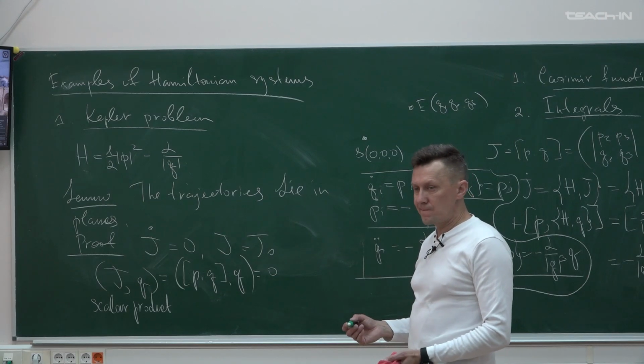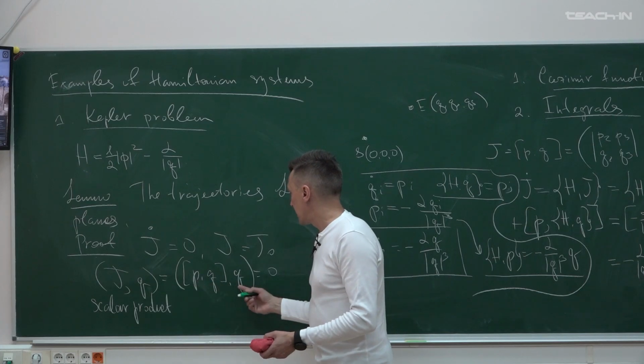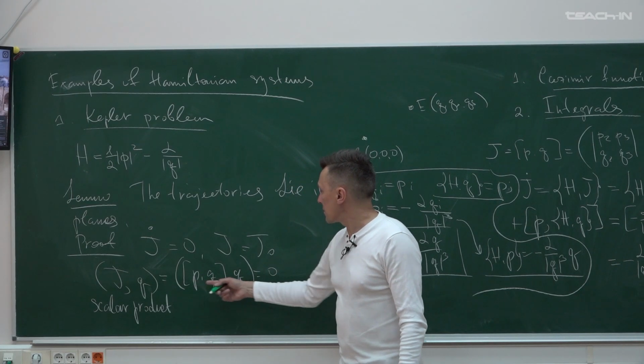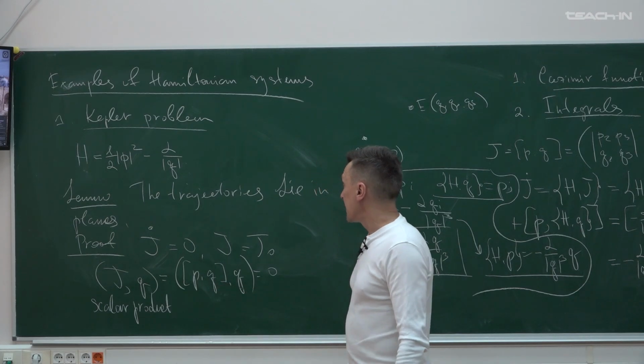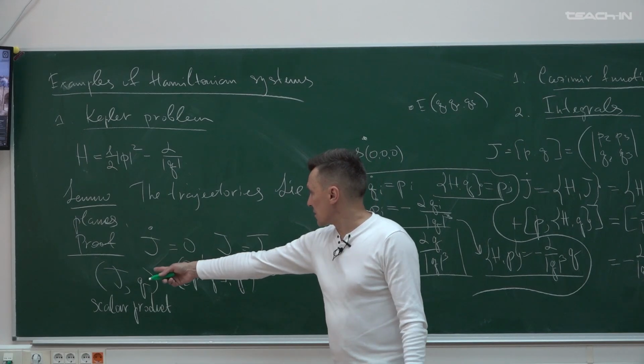Because it's a volume of a parallelepiped generated by 3 vectors, 2 of which are the same, so it's 0, and it is a constant. It is a scalar product.